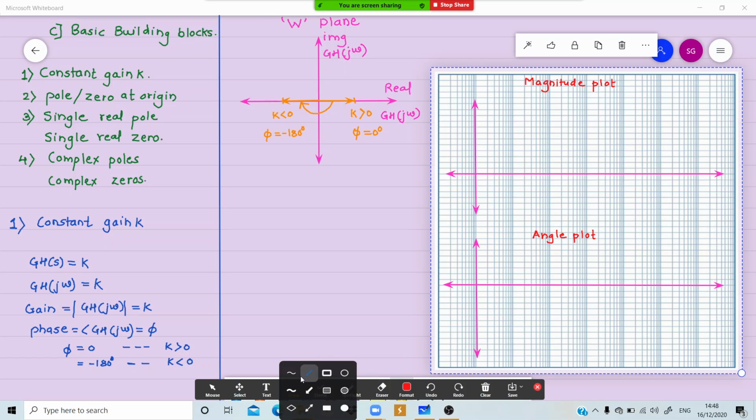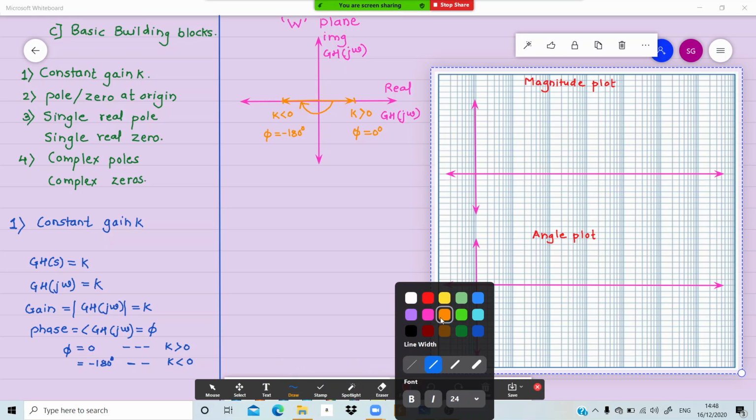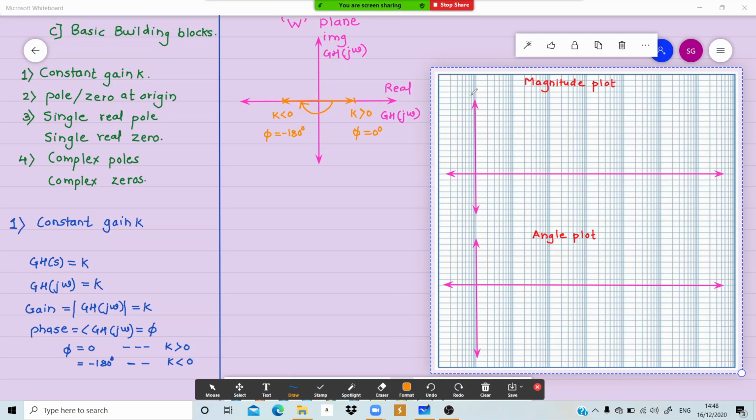This gain will be in dB. This is in degrees, or I'll write phase, that is phi. This is gain in dB. Whatever scale you want to use, one unit means 2 dB, 3 dB, 4 dB, that is up to you. But I'm just bothered about the linear scale, you should not have any doubt about that.